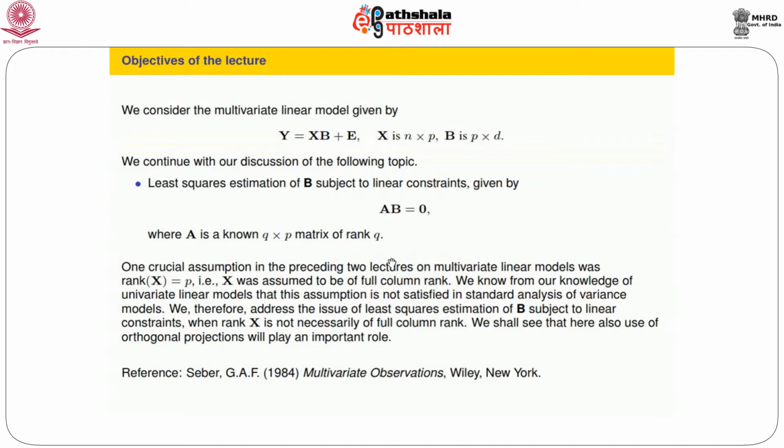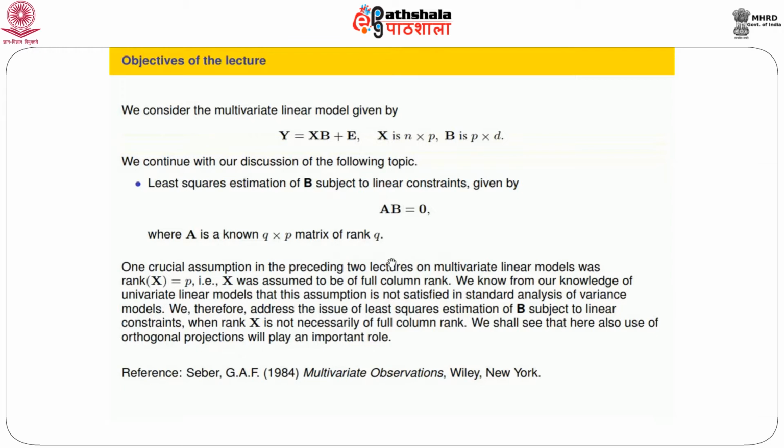And the question that we have been bothered about for this lecture and the preceding two lectures is estimation of this B matrix subject to this restriction, where this capital A is the matrix version of the restriction, and it is a known q cross p matrix of rank q. So it's a full row rank matrix.